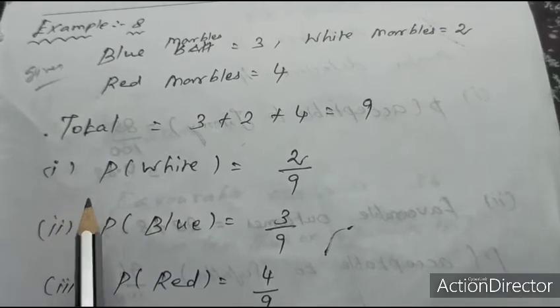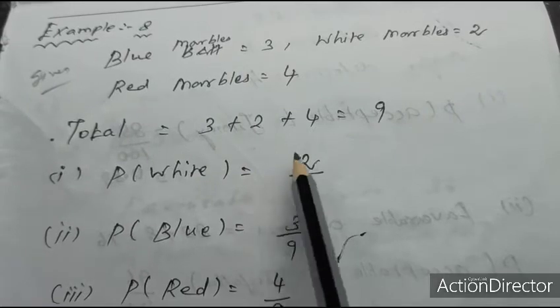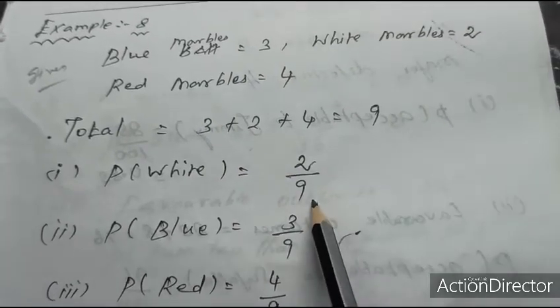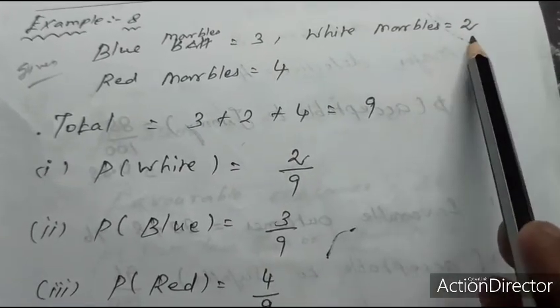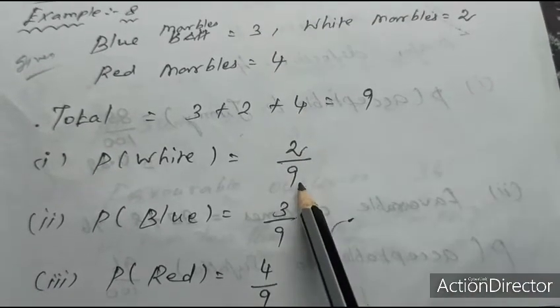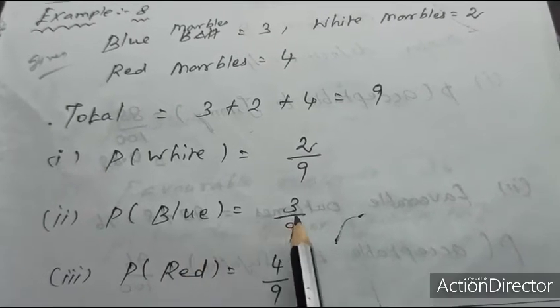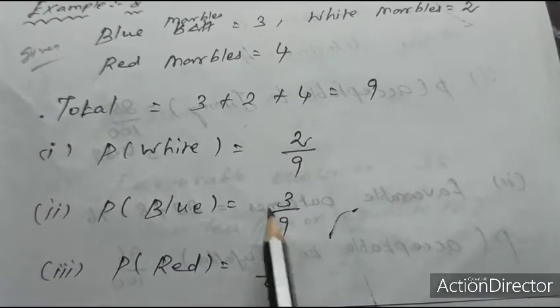First question, the probability of a white marble: favorable outcomes by total outcomes. The count of white marbles is 2, therefore 2 by 9. Probability of a blue marble: favorable outcomes by total outcomes.